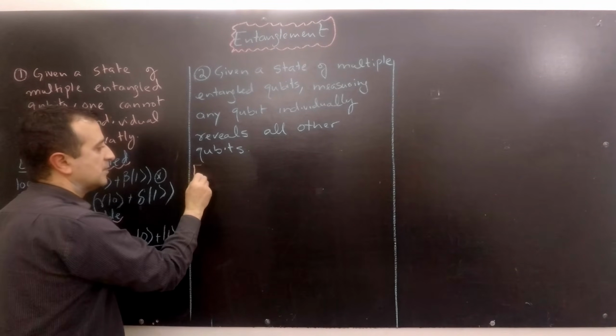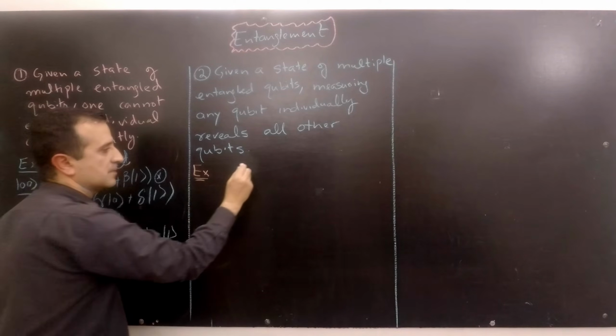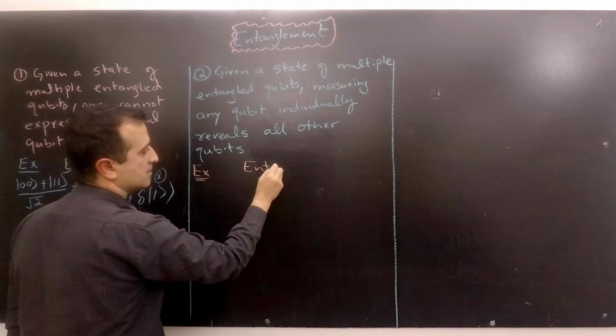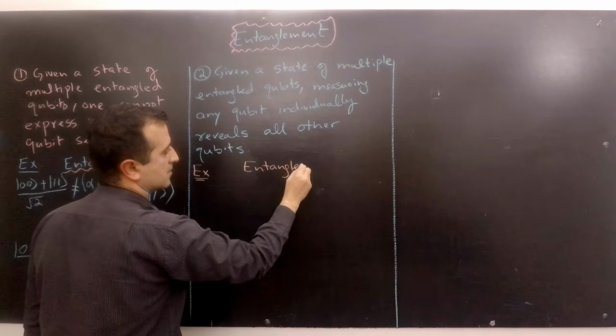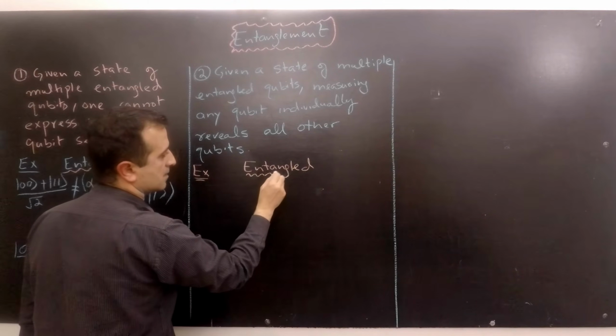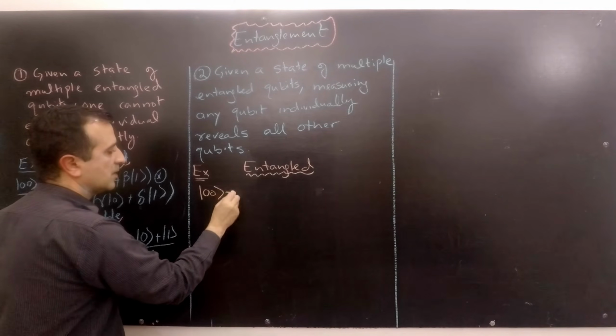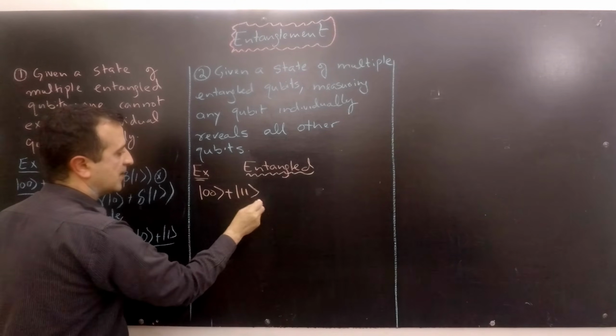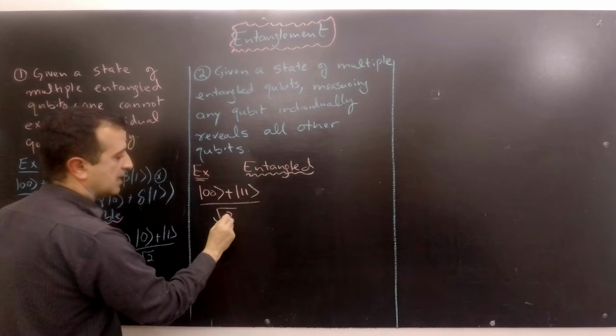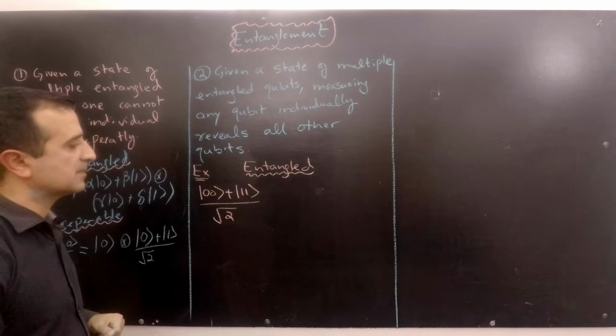So the first example is of entanglement. I have ket 00 plus ket 11 divided by square root of 2, and these are two entangled qubits.